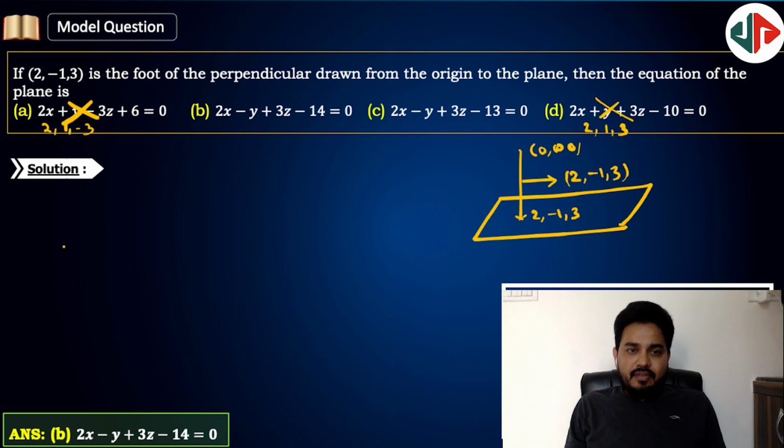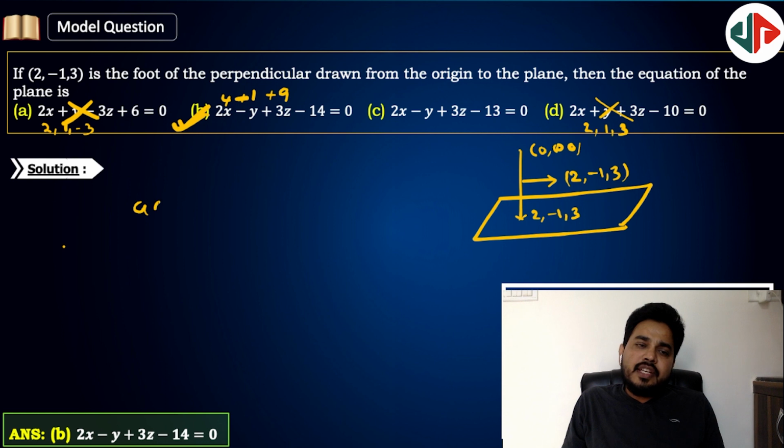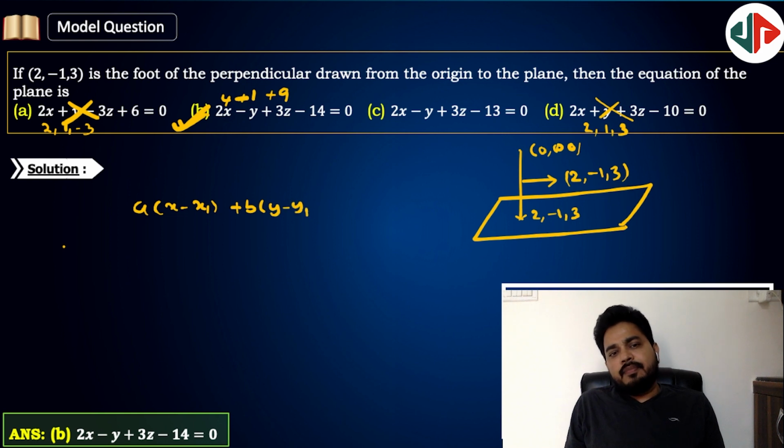That is 4 plus 1 plus 9, so 10 plus 14, here 13. So this is the answer. And the formula for this equation is a into (x minus x1) plus b into (y minus y1) plus c into (z minus z1) is equal to 0. A, B, C, x1, y1, z1 are the same here.